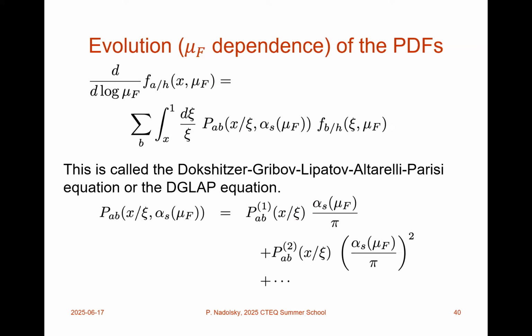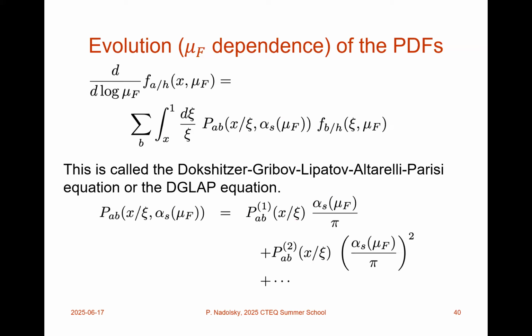Something that was also mentioned: if you now think about invariance of the total cross section with respect to μf, you have to introduce an equation that is similar to the renormalization group equation for αS, but it describes the dependence of f on μf and not of αS on μr.